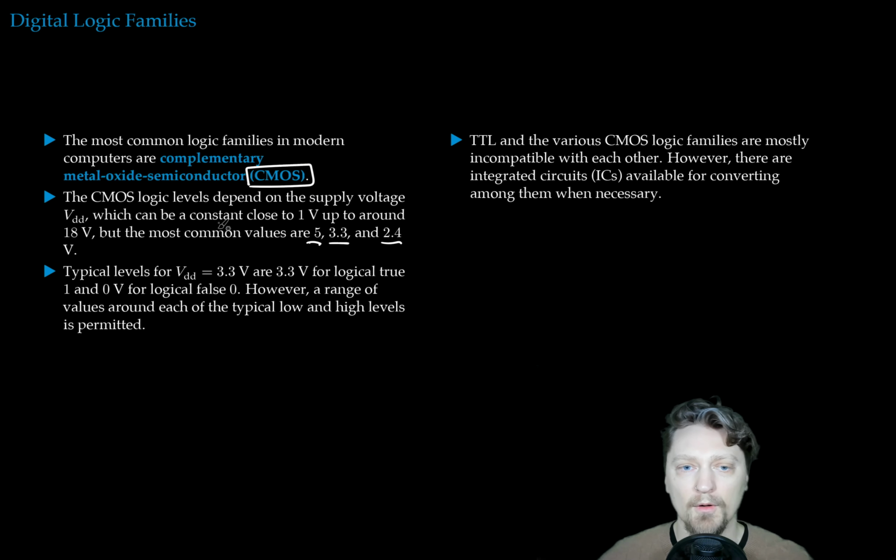Typical levels for VDD equal to 3.3 volts are 3.3 volts for logical true and 0 volts for logical false. However, a range of values around each of the typical low and high levels is permitted. TTL and the various CMOS logic families are mostly incompatible with each other. However, there are integrated circuits available for converting among them when necessary.